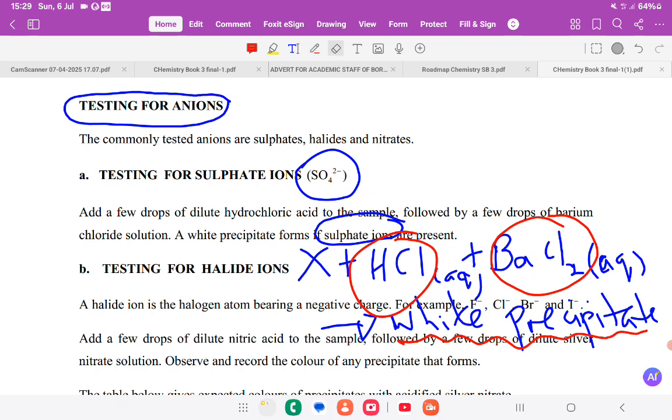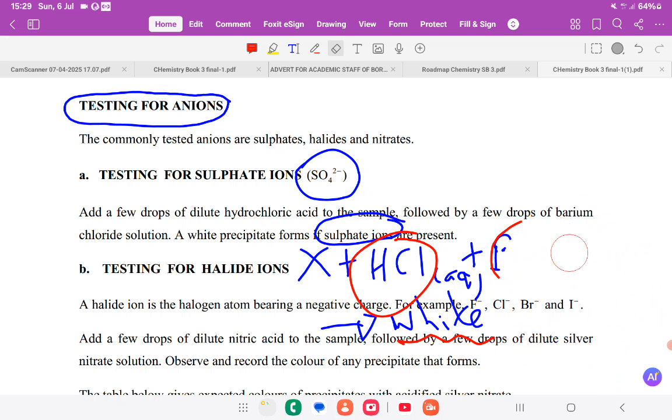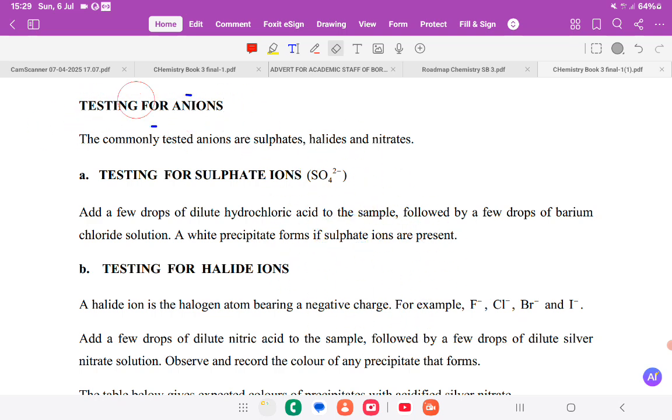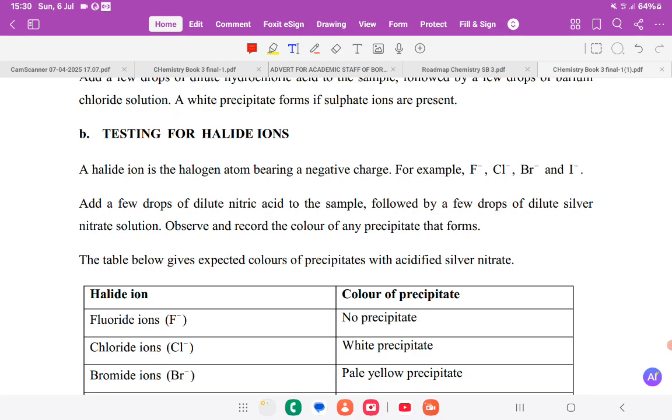Now remember that a precipitate is just a solid product. All right, so that's how you test for sulfate ions. If you have questions regarding this, don't hesitate to let me know in the comment section.